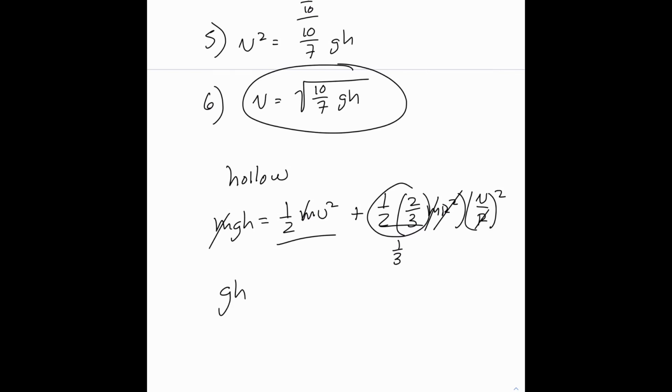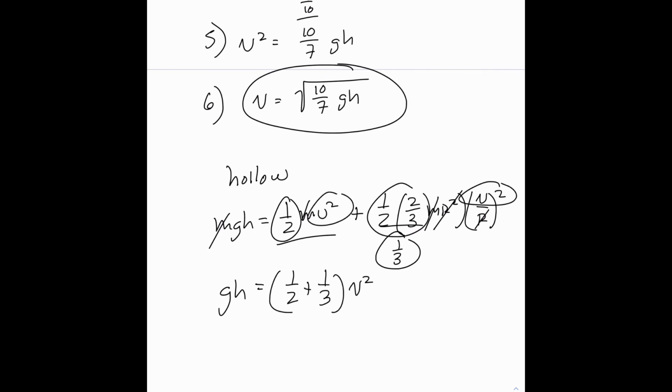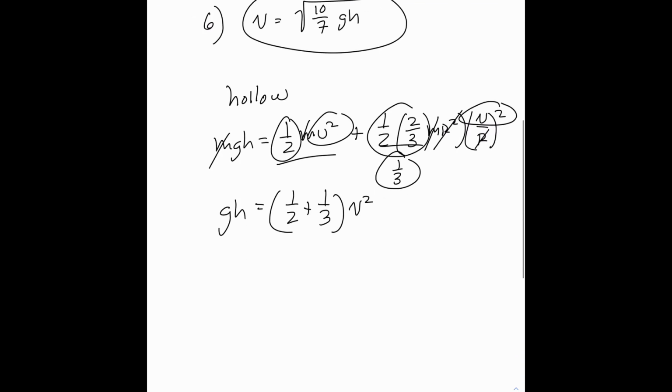So we'll get gh is equal to 1/2 plus 1/3, and then we can factor out the remaining v squared. 1/2 plus 1/3 is 3/6 plus 2/6, which gives us 5/6. So if gh is 5/6 of v squared, then v is the square root of 6/5 gh.